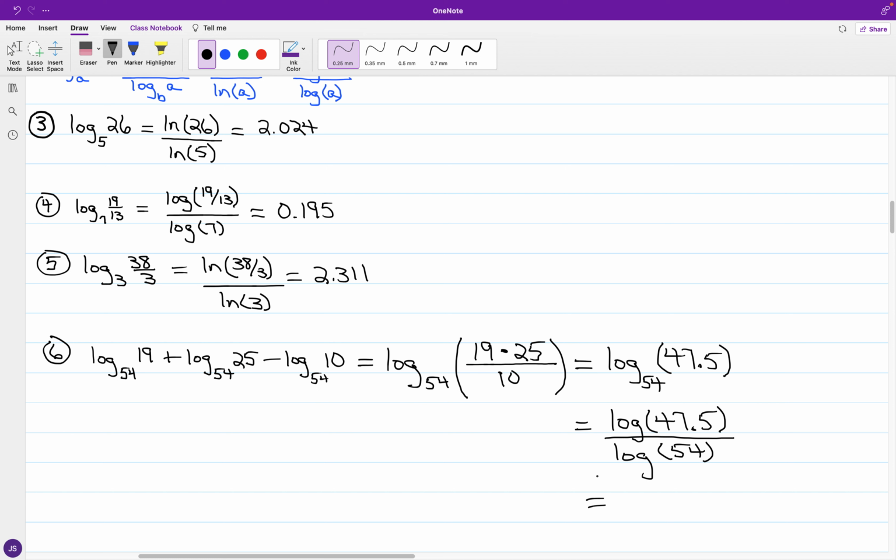And so for what we have here, we have a base 54 logarithm of 47.5, divided by the base 10 logarithm of 54, to the nearest 3 decimal places. Okay, so this will come out to 0.968.